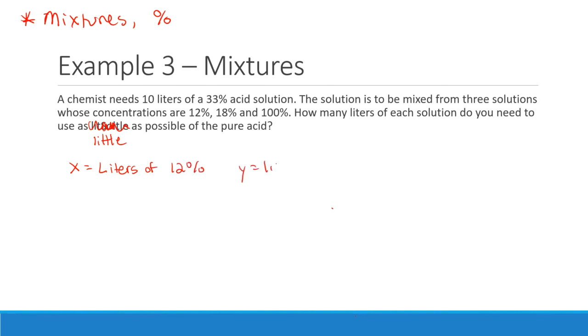Y is liters of 18%. And then Z is liters of 100% acid. So I have to make sure I know which percent goes with each variable here.